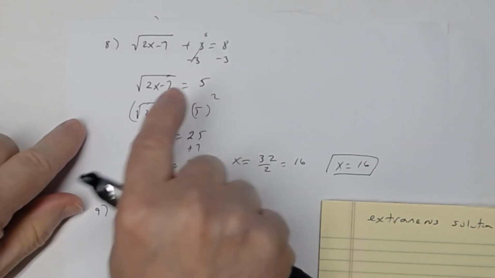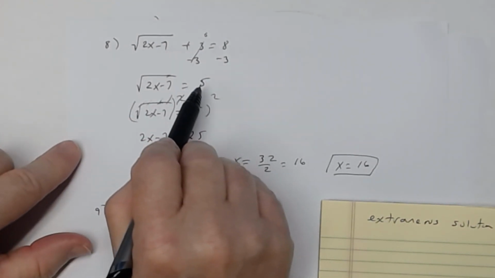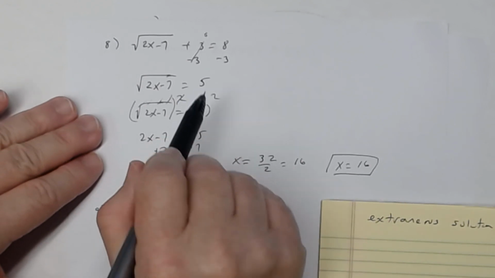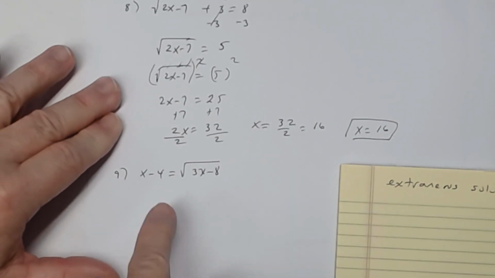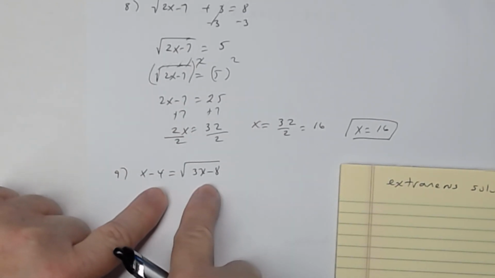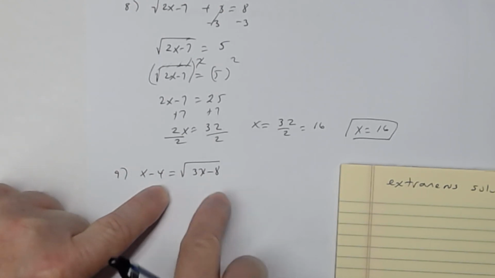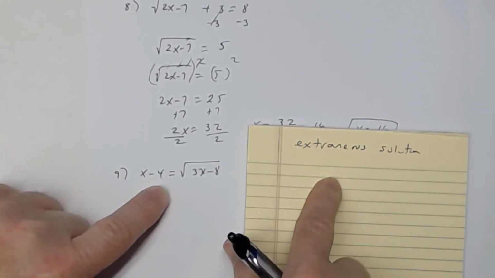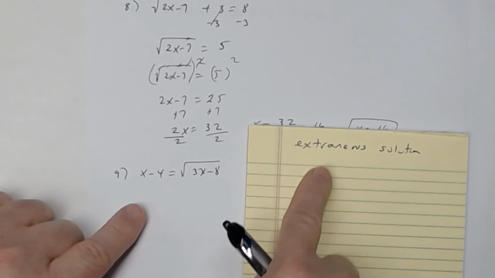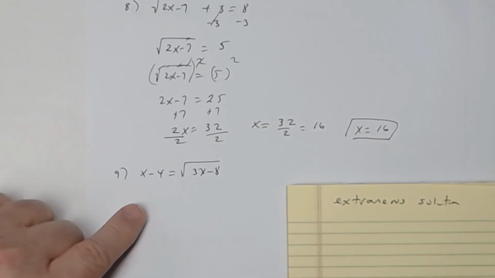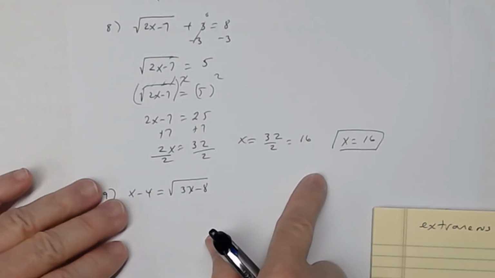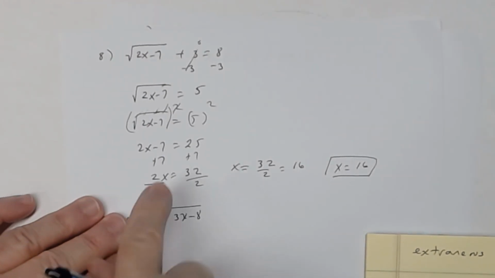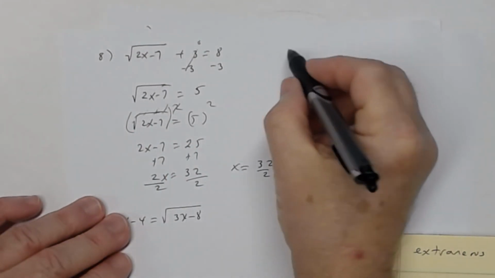But the fact that this side here doesn't have a variable and it's positive, you don't have to check. Notice here, though, number 9, there are variables on both sides. So you do have to check. So you notice when we do number 9, you're going to see me checking for extraneous solutions. But x equals 16 is a solution here. We don't have to check, but if you did, this is what you did.